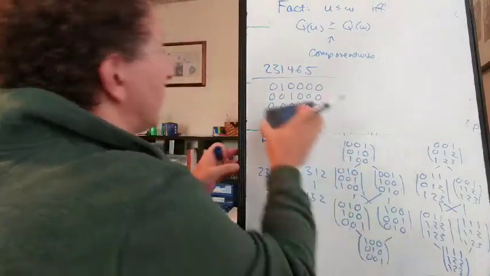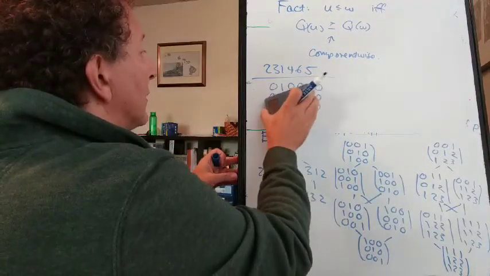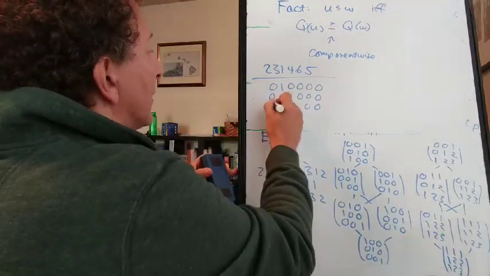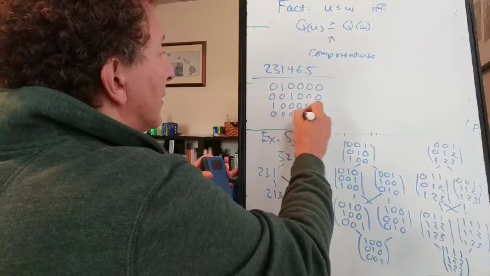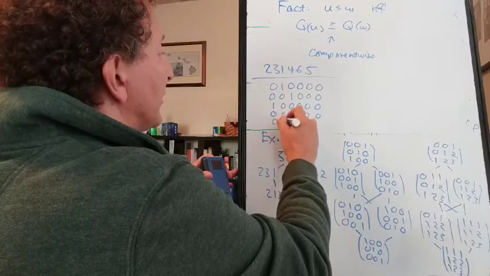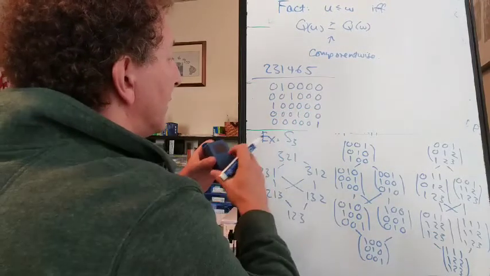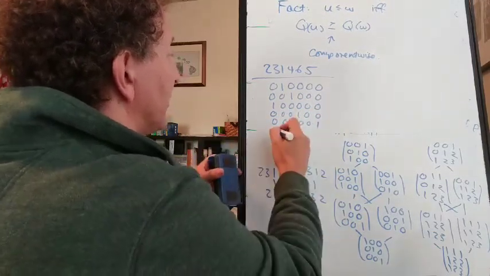That third row should have a 1 in position 1. And then a 1 in position 4, a 1 in position 6, and a 1 in position 5.